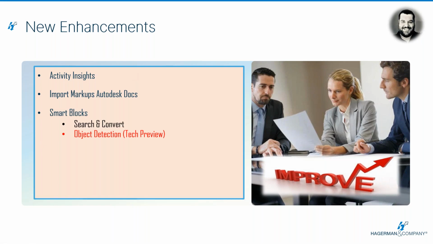Another thing introduced previously was the term smart blocks. One improvement in 2025 is the ability to search and convert your blocks. You can look around in your drawings and pull up the block convert command to convert one or multiple entities.